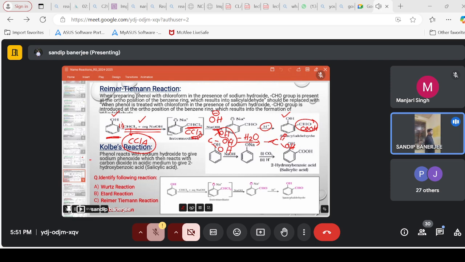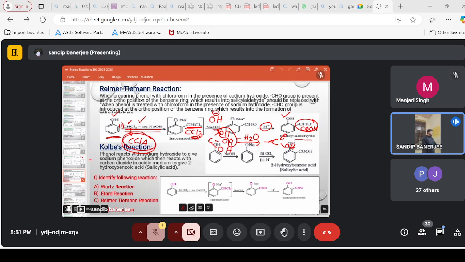Now, some student may ask, sir, it is difficult, na? Because in the Reimer-Tiemann reaction, whenever we are using CHCl3, chloroform, we are getting salicylaldehyde. We have to change the substrate to CCl4 to get salicylic acid. Is there any reaction, sir, by which we can directly get from phenol to our desired salicylic acid?